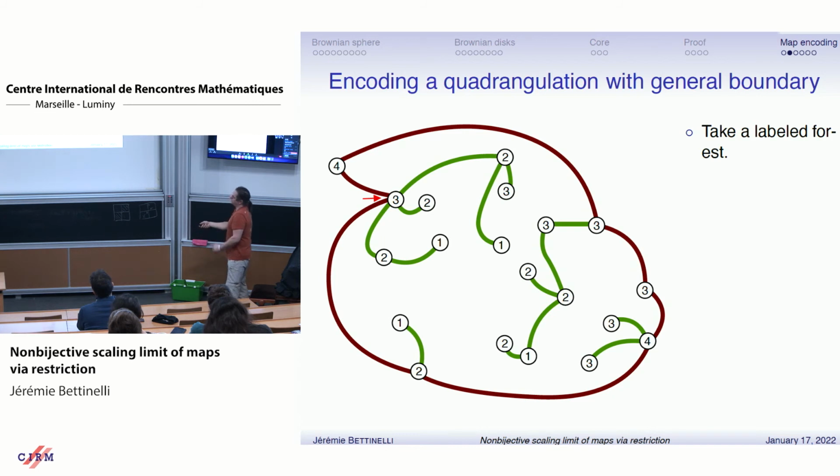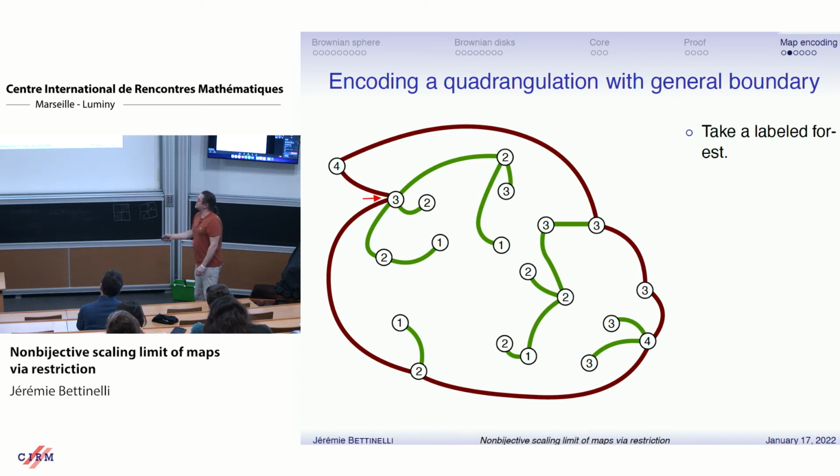Whenever they are neighbors, the labels should not vary too much. I'm not going to give you all the details, but it's not the same condition on the green edges and the burgundy edges, but you have a constant here.